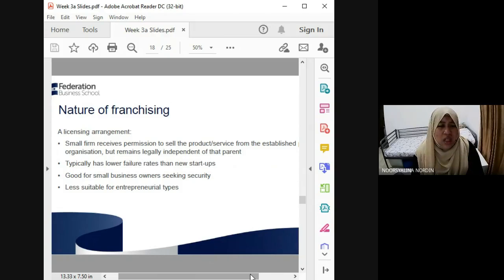And then number three, it's good for the small business owner seeking security, in order not to take 100% high risk. For example, you still want to proceed with the business, but you want minimal risk. So it can be suggested to use franchising. And the last one is that it is less suitable for entrepreneurial types.